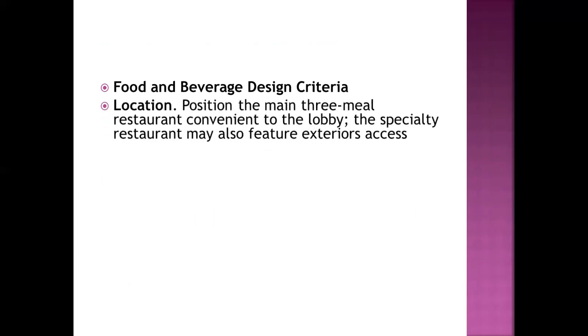For our food and beverage design criteria, we need to consider this as well because the design of the hotel food and beverage outlets depends on the management company and the quality and price level of the hotel. So we have to consider the location. Position the main three-meal restaurant convenient to the lobby. The specialty restaurant may also feature exterior access.